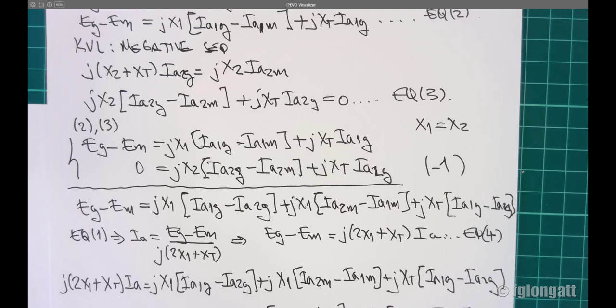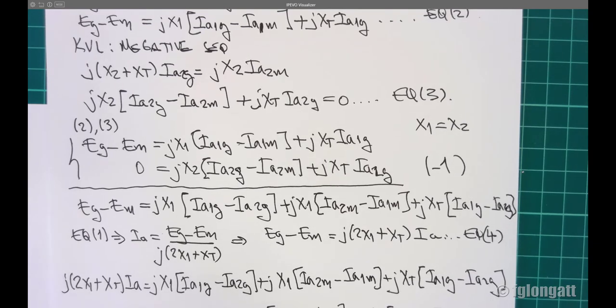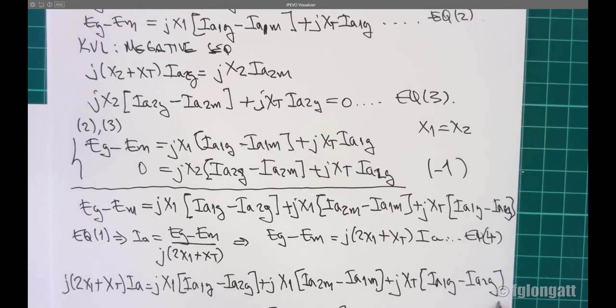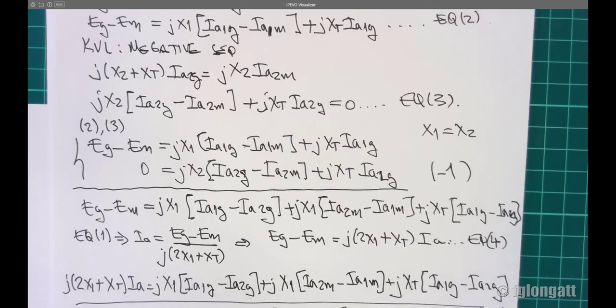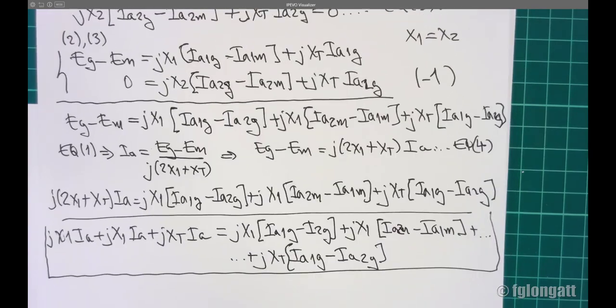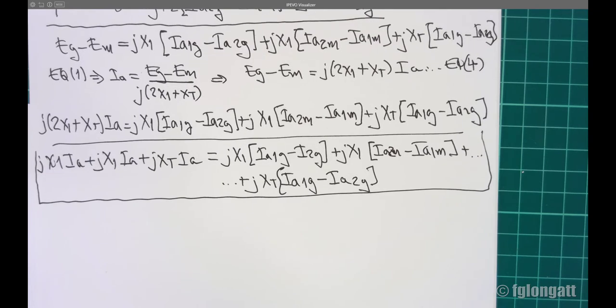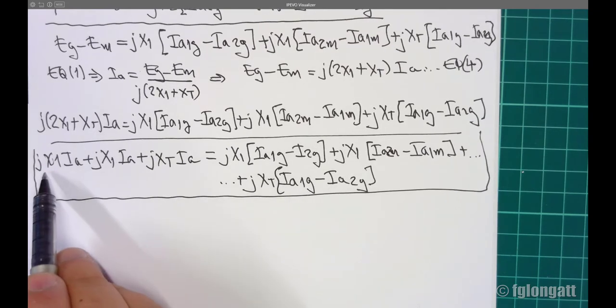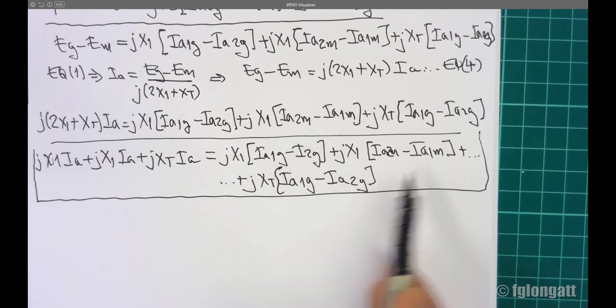Well, this equation is the core of the final conclusion here, okay? This equation over here is the most important equation at the moment, okay? Because what I will do is the following.